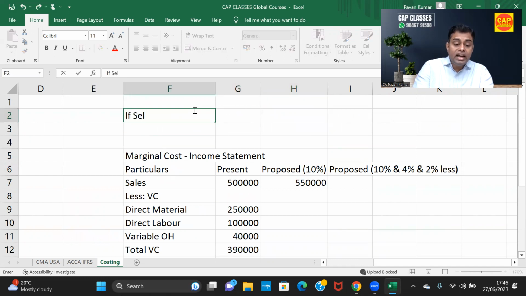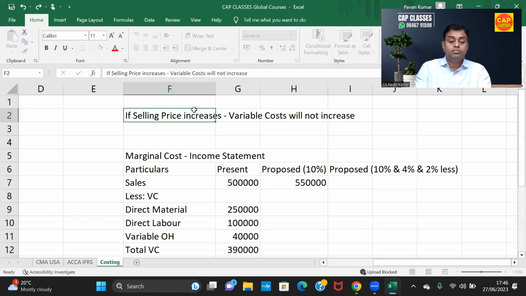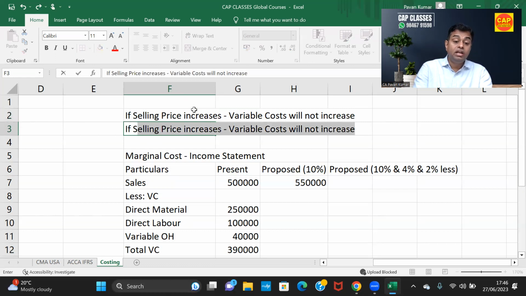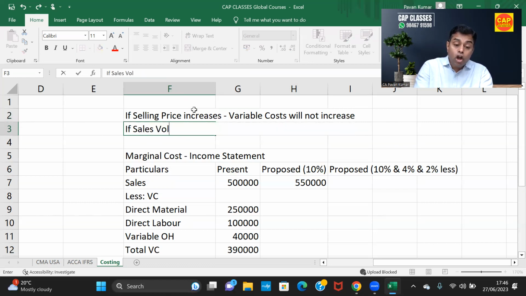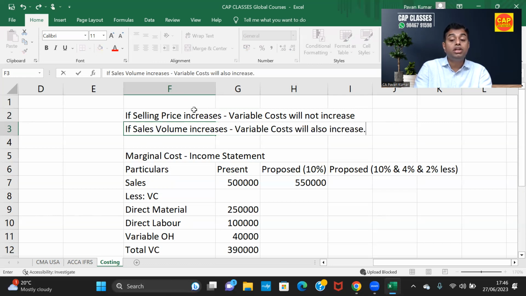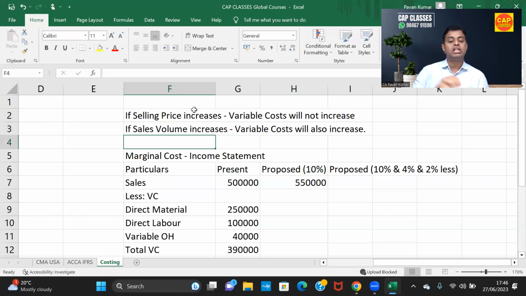If selling price increases, variable cost will not increase. But if sales volume increases, variable cost will also increase, because you are producing more number of units now.